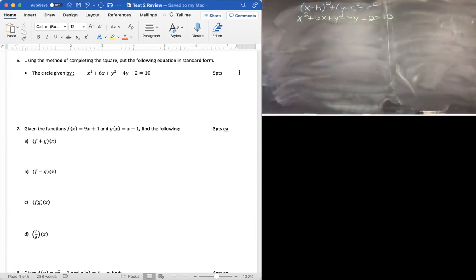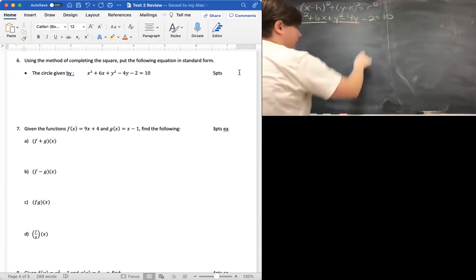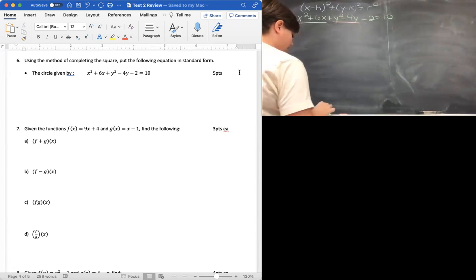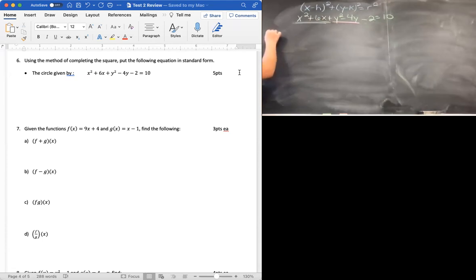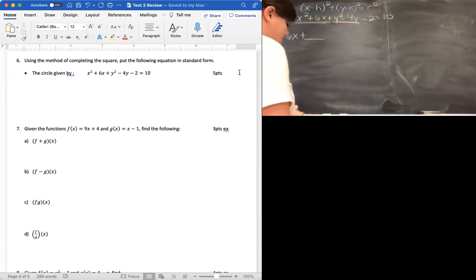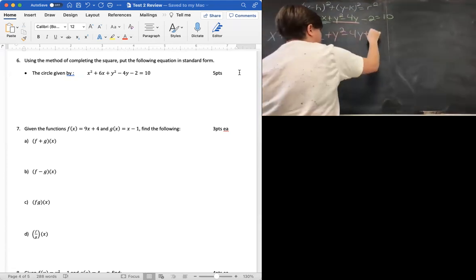So what we need to do is complete the square, but we complete it twice because we're doing it with a circle. We're going to look at our x's separately from our y's, and then move that 2 over to the other side. I have x squared plus 6x plus a blank, then plus y squared minus 4y plus blank.